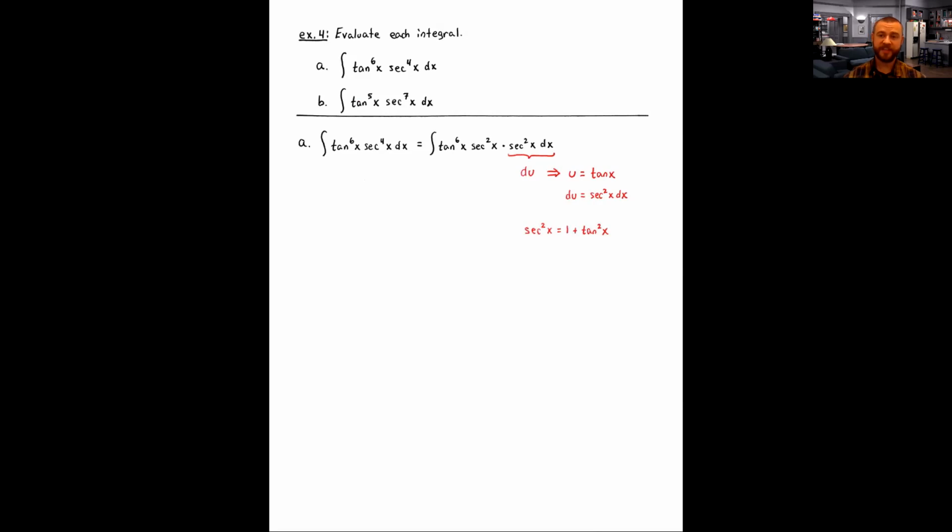So we can replace the secant squared sandwiched in the middle of that integral. We can rewrite secant squared as 1 plus tangent squared. Our substitution here is tangent. So all the pieces fall into place. We split off something for the differential, and we see what substitution we should make and what Pythagorean identity we're going to use.